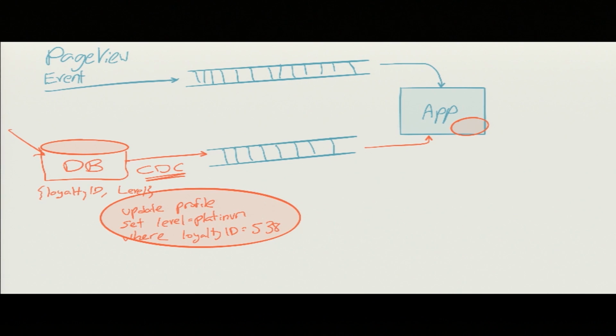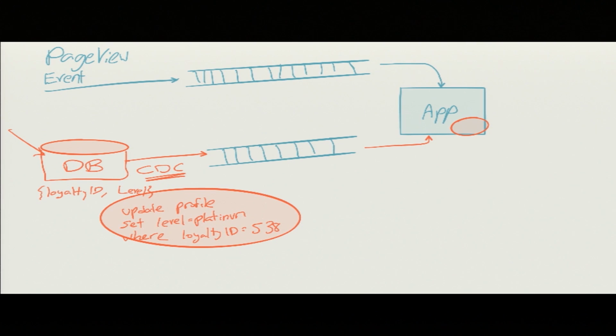That's the local copy of the loyalty table as it belongs to the application. And now our application, in addition to consuming events about page views, also wants to consume events about the loyalty levels. Every time a loyalty level changes, or you have a new customer who signed up to the loyalty program and so on, it gets an update.